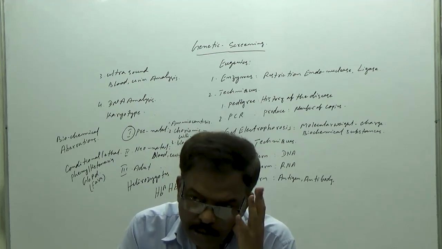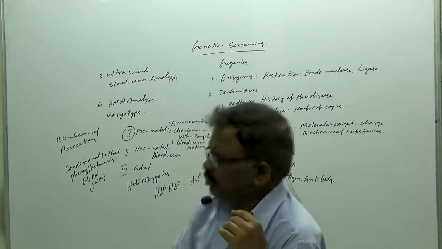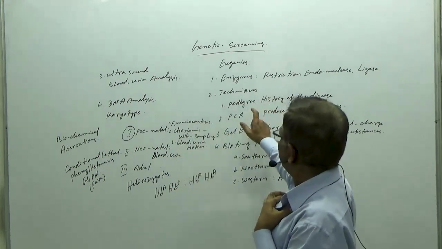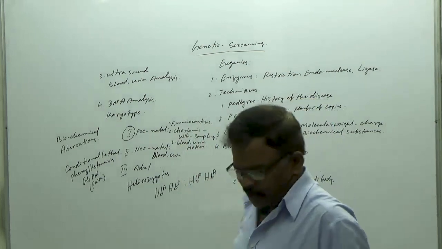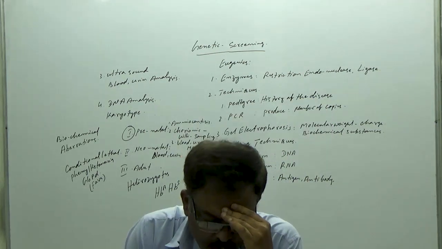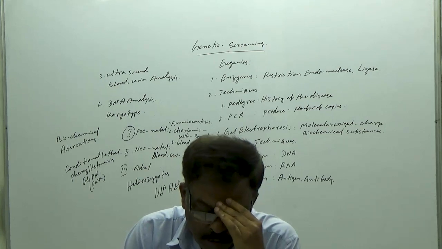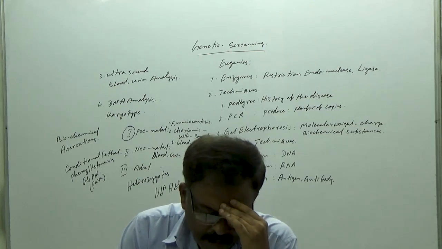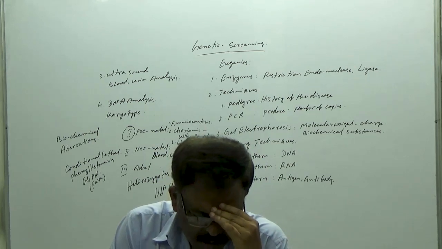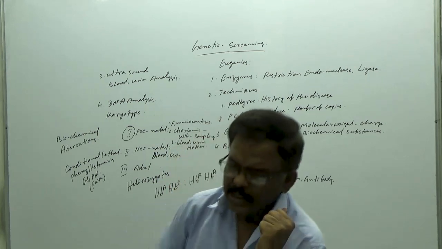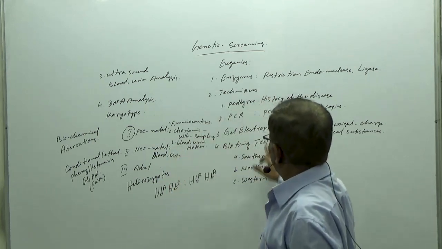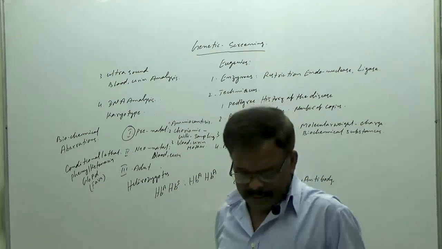PCR, polymerase chain reaction, is useful to produce multiple copies of DNA. Next, gel electrophoresis.